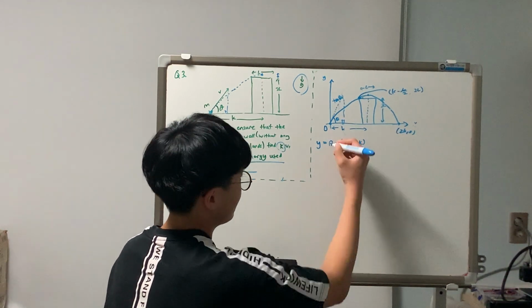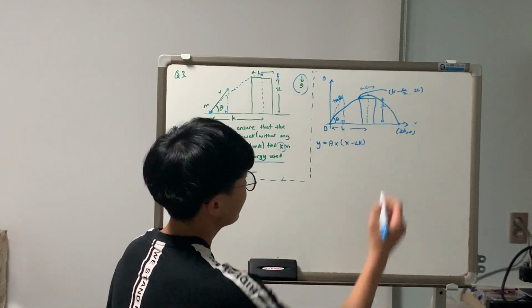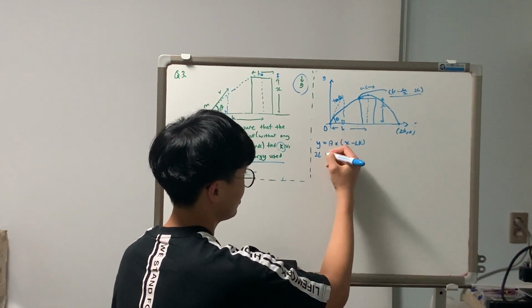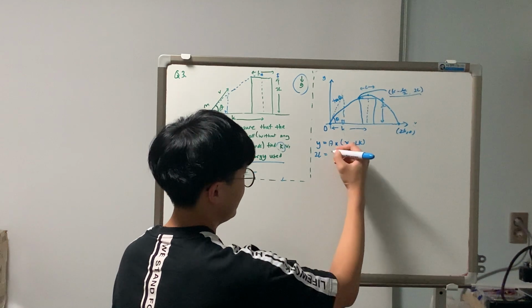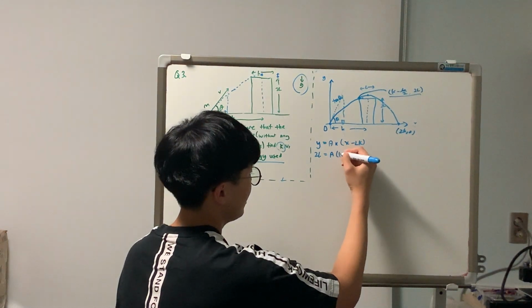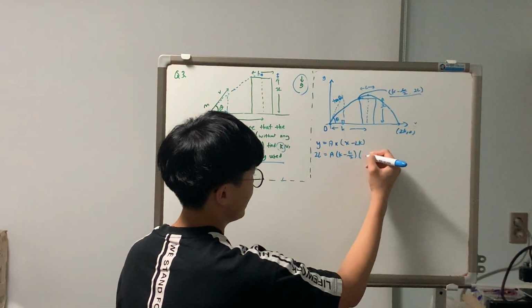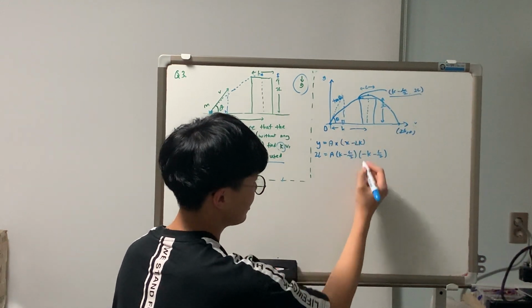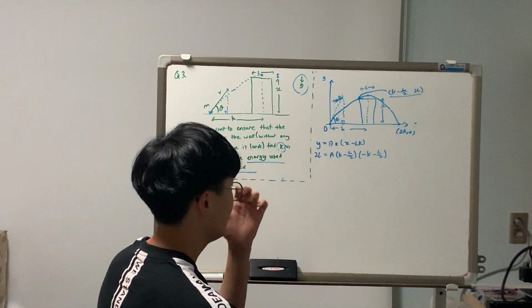From that we can get what a is by plugging in these values into y and x. So we get 2L, which is our y value here, equals a times k minus L over 2 times minus k minus L over 2, because k minus L over 2 minus 2k is minus k minus L over 2.